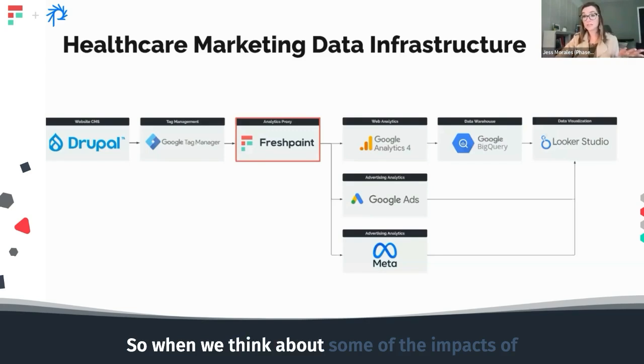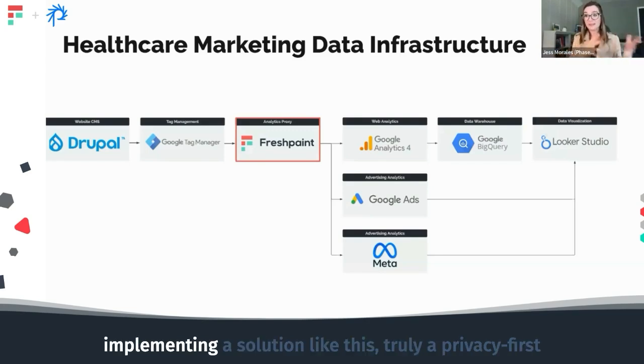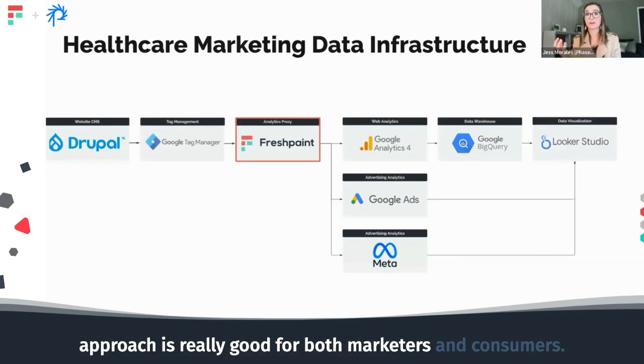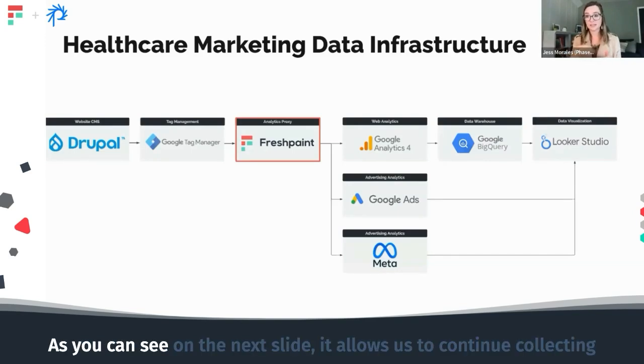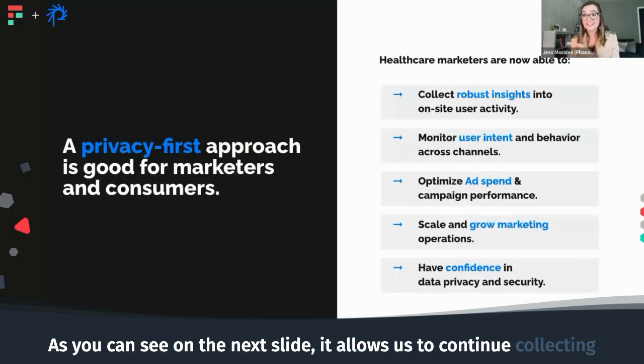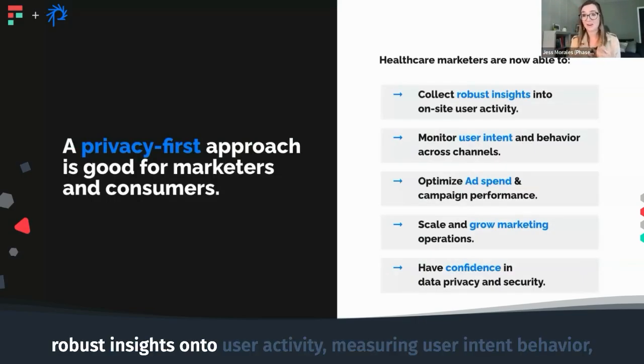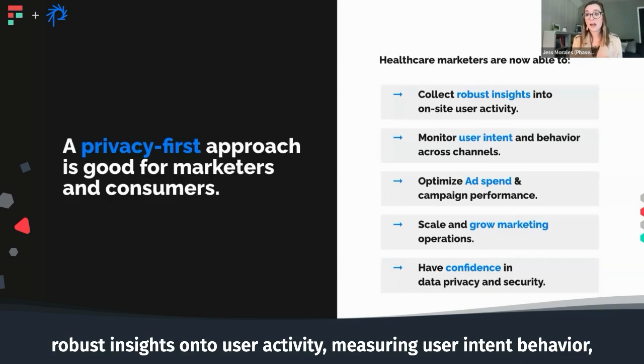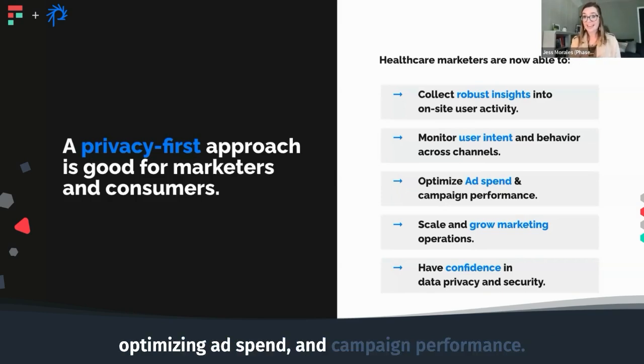So when we think about some of the impacts of implementing a solution like this, truly a privacy-first approach is really good for both marketers and consumers, as you can see on the next slide. It allows us to continue collecting robust insights into user activity, measuring user intent, behavior, optimizing ad spend and campaign performance.